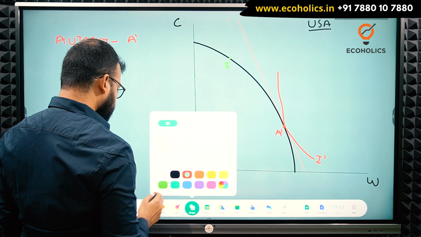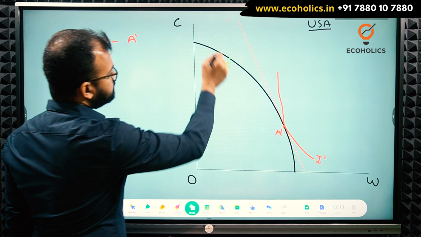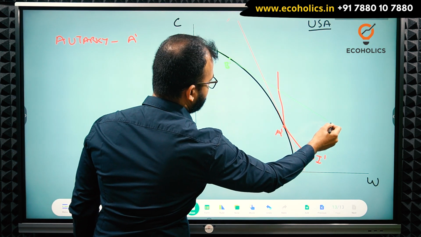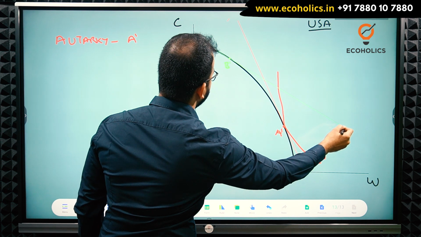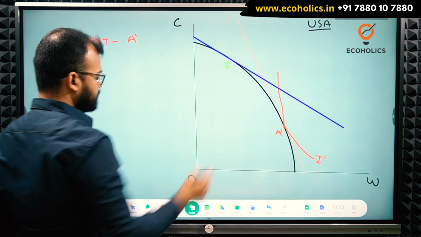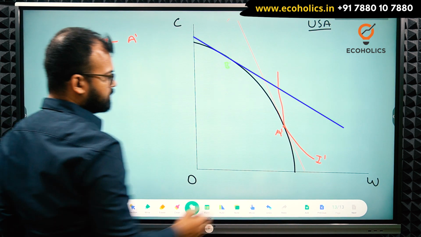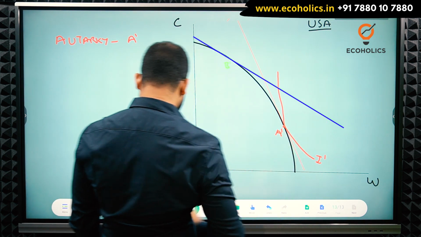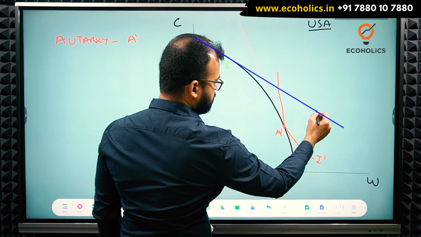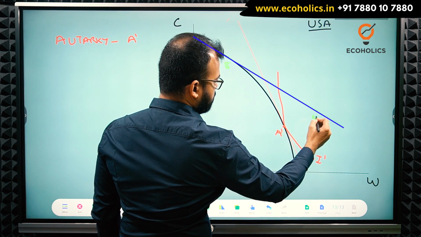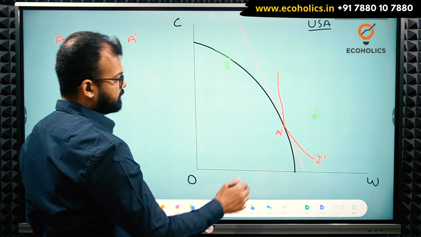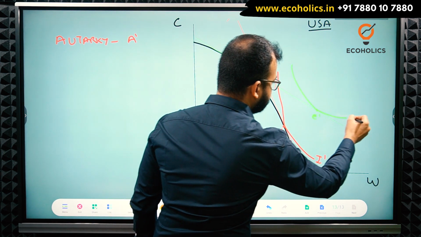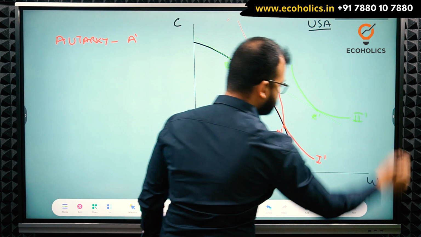So we'll make a tangent crossing the point B dash, and this is the point E dash, and this is community indifference curve 2 dash.